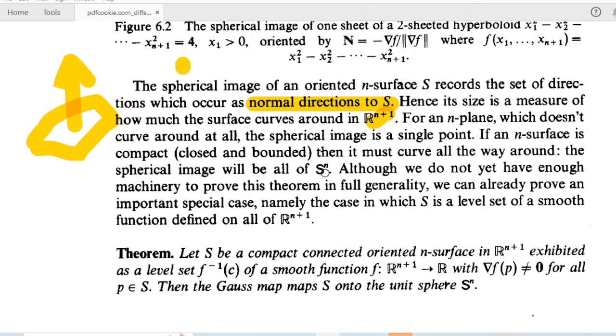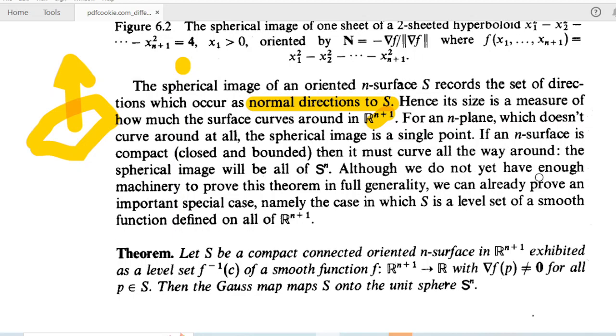At every point of that sphere we have a normal vector, a unit normal vector. If we translate the normal vectors to the origin of the unit sphere, we can see that they will cover all the points of our sphere.